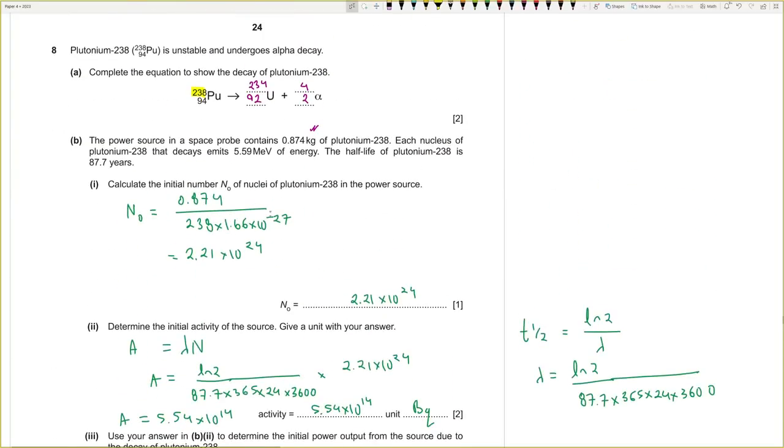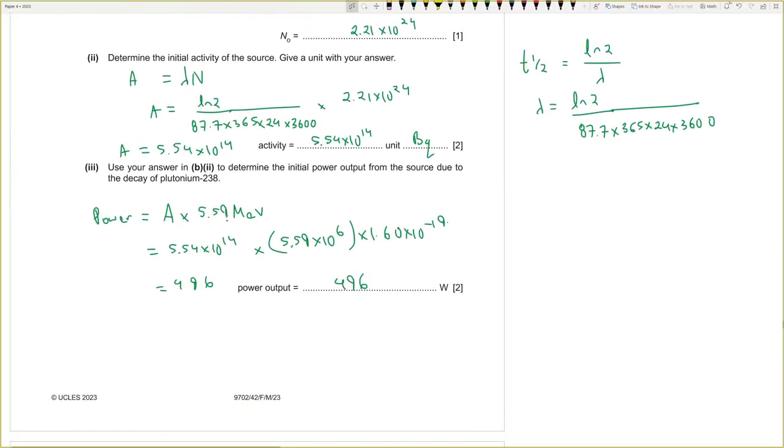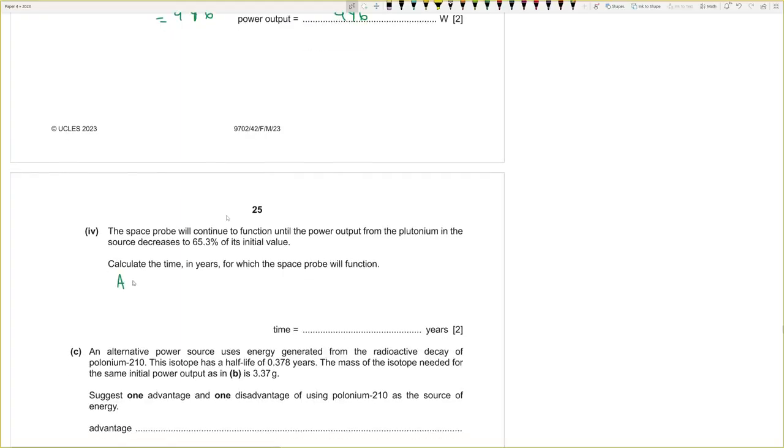The 5.59 is just something extra because it's going to be cancelled out on each side. So we can just use the formula A is equal to A naught e to the power minus lambda t. To get power, we just need to multiply by the energy from each decay. That is going to be common on each side, so it's not really essential.